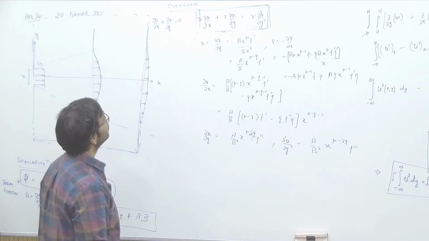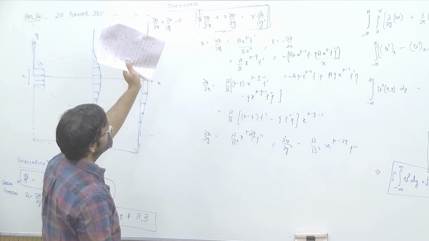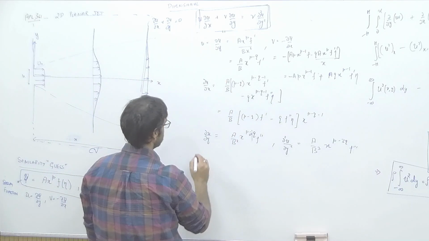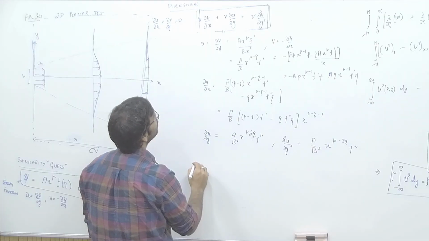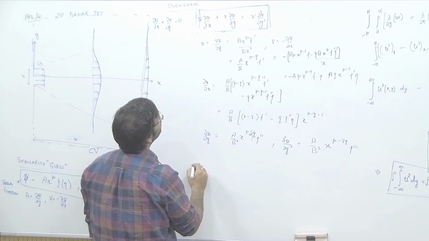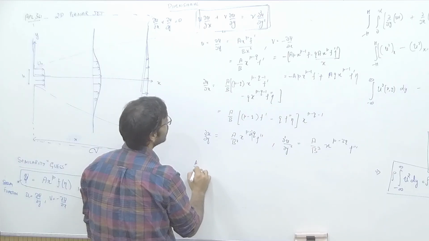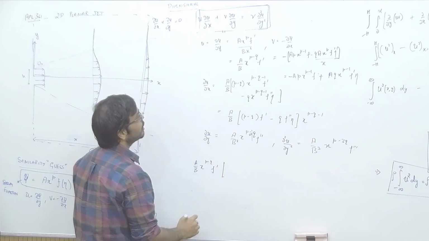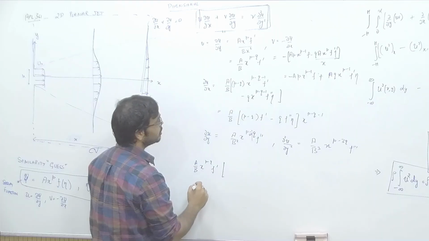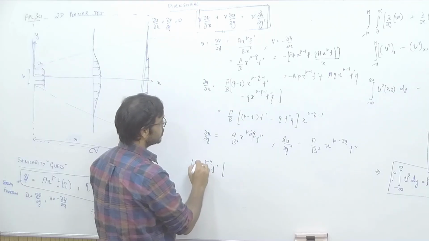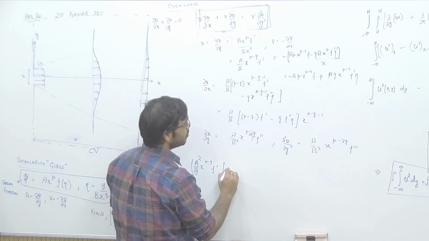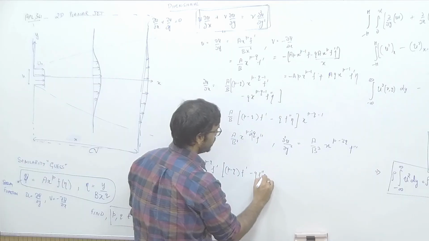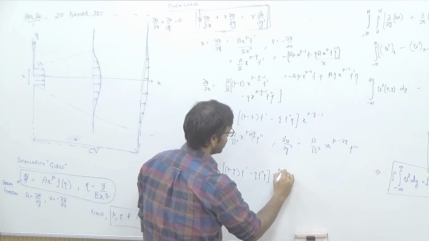So let us substitute all of this in our equation. Let's write one by one. U del u by del x is a by b x to the power p minus q f prime, and then this big term, a by b whole square, p minus q f prime minus q f double prime eta x to the power p minus q minus 1.